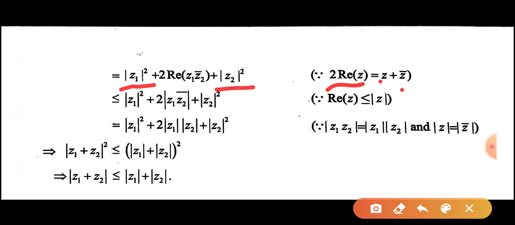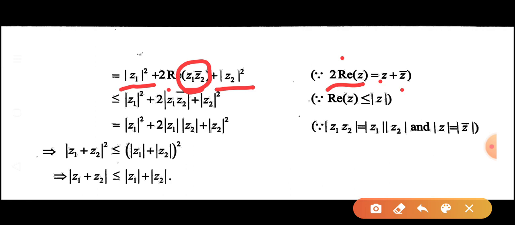So we write 2 into real part of z1 z2 bar.